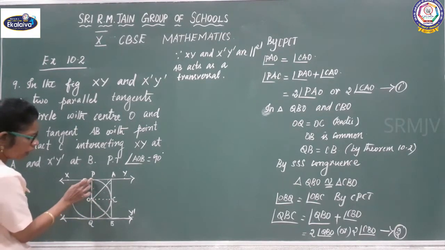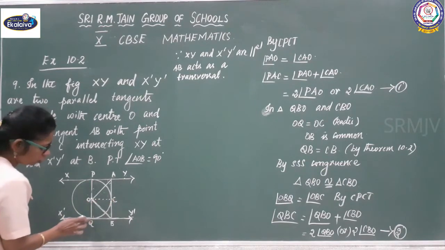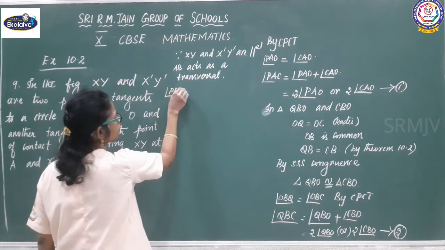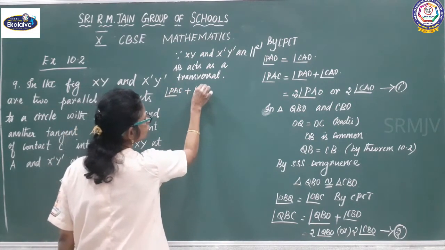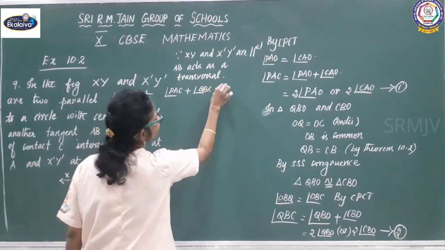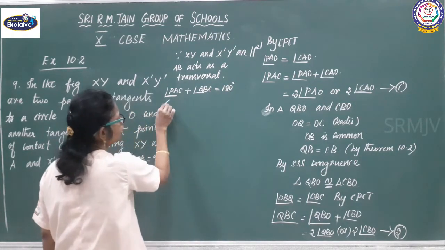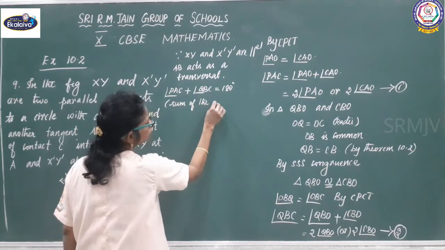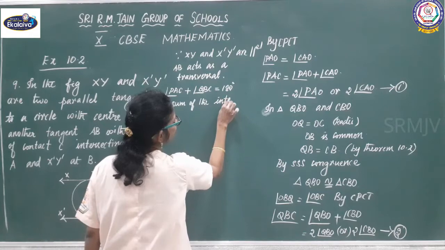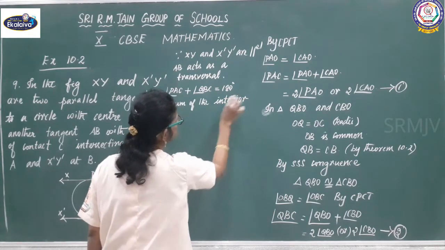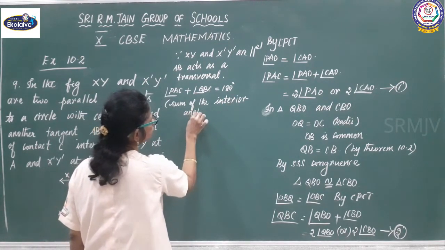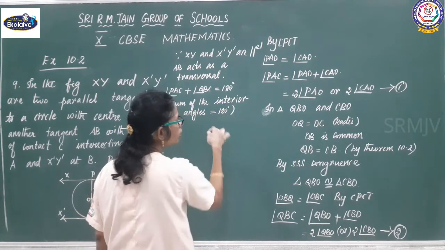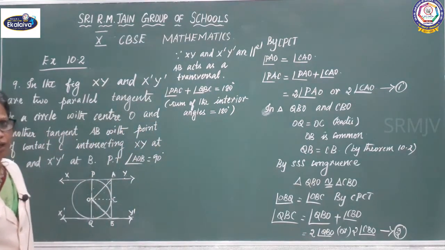That is angle PAC plus angle QBC equal to 180 degrees. Sum of the interior angles equal to 180 degrees, or you can say supplementary, right?